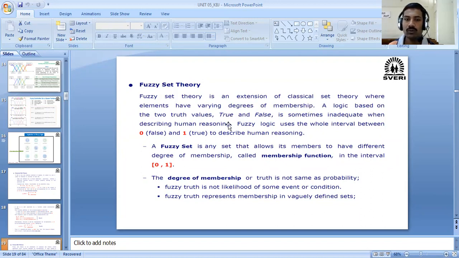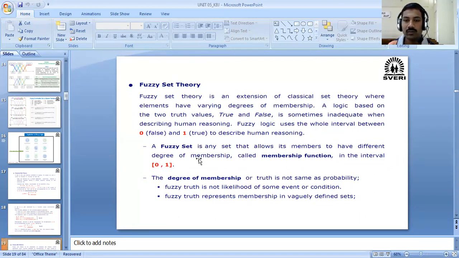A logic based on the two truth values, true and false, is sometimes inadequate when describing human reasoning. Fuzzy logic uses the whole interval between 0 and 1, false to true, to describe human reasoning.